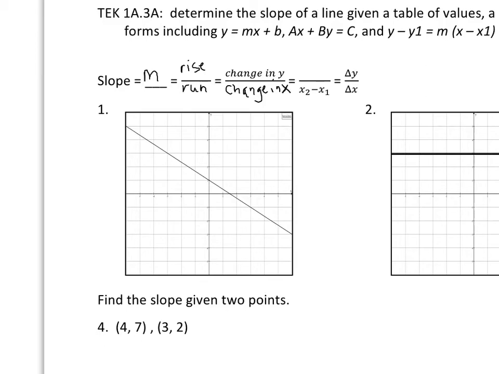The formula for slope is y2 minus y1 over x2 minus x1, and that's using coordinate pairs or ordered pairs. And then it can also be represented as the change in y over the change in x. This little triangle, we say that that is the change in y. It is delta, which is a Greek symbol that means change.